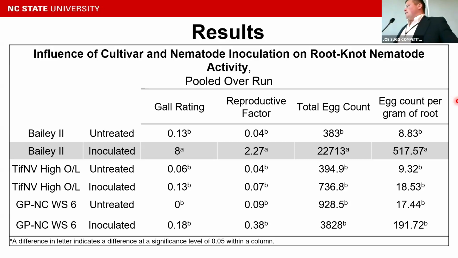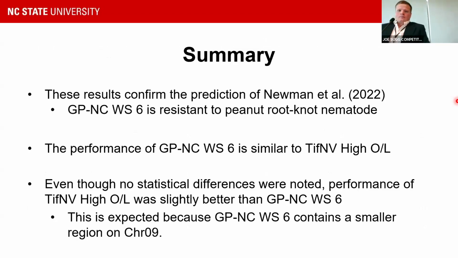We can look at our TIFF-NV inoculated and then our GPNCWS6 inoculated on the bottom. You can see similar results between the two, but slightly higher root knot nematode activity on our GPNCWS6 line.